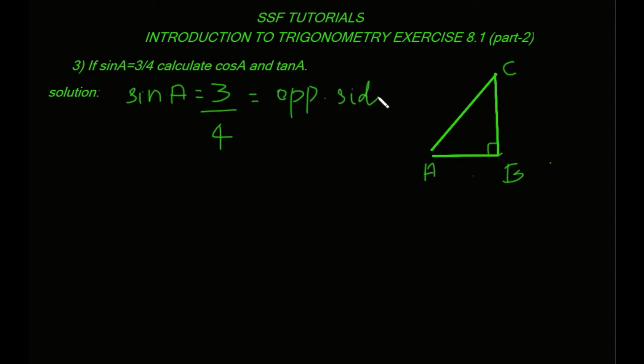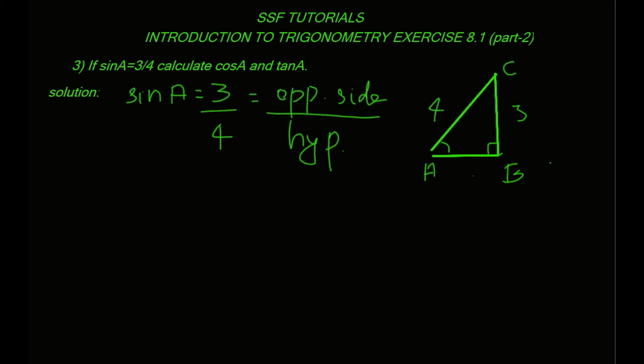Since we see in the diagram the angle A is located right here, the side opposite to angle A is CB, which is going to be 3. The side opposite to angle B, which is the hypotenuse side AC, is going to be 4.